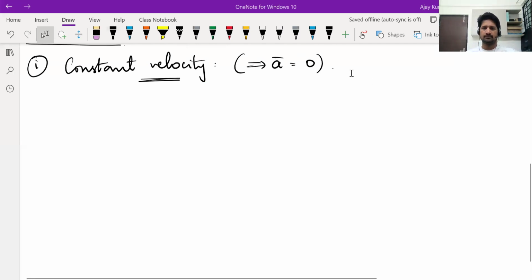Just straight line. Okay, Pawan is saying straight line. What about the others? Circular. Okay, so you're saying circle is also possible. Fine, we'll discuss. Any other answers? With constant velocity, what kind of path can an object follow? Straight line, sir.